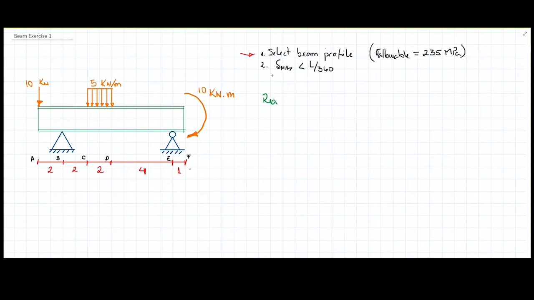Reaction forces. Good. I have named these points here. There are points of interest: A, B, C, D, E, and F. And so we need to determine the reaction forces in support B and in support E.